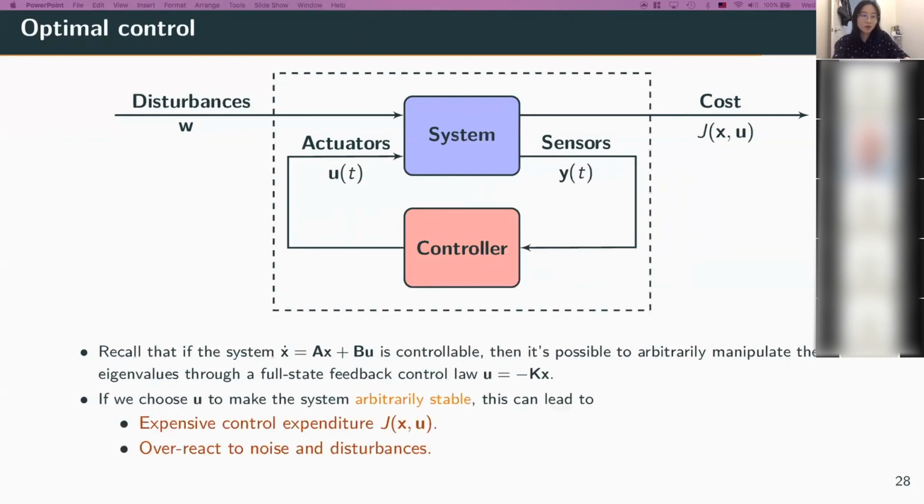But if we choose u to make the system arbitrarily stable, then this can lead to some drawbacks. We're going to spend a lot of energy, so this cost will be very high. We'll spend a lot of energy trying to control the system. And if it's overly stable, the system can also overreact to noise and disturbances. Therefore, it's not necessary that we always want an extremely stable system.